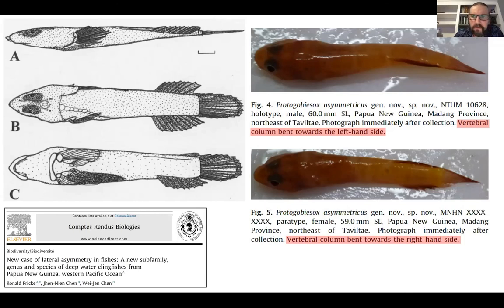This seems a little strange. So here's the holotype, and here's a drawing of the holotype. Of course, the drawing doesn't really look like the specimen, but in my opinion, it doesn't really look like it's asymmetrical. It just looks like someone has placed it down on a table and positioned it in such a way.